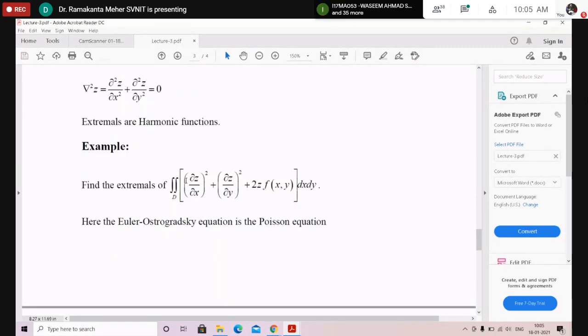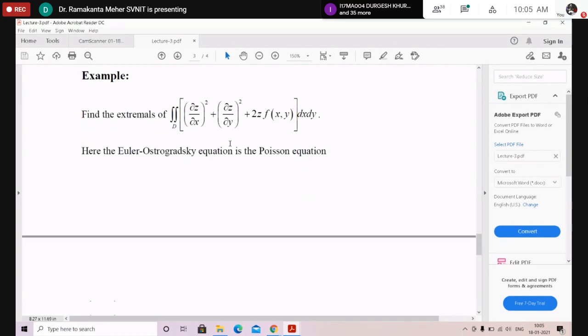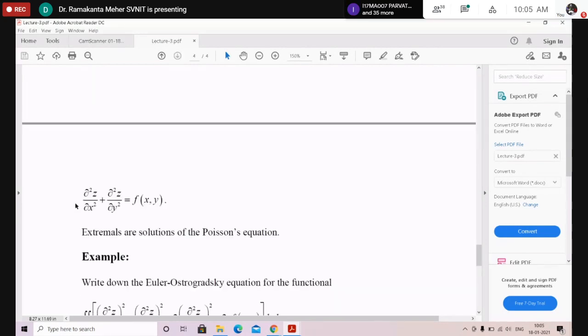Similarly, if we take another example, the double integral of (del z by del x) whole square plus (del z by del y) whole square plus 2z f of xy dx dy, and we try to find the extremal of this functional, you get del 2z by del x square plus del 2z by del y square equal to f of x, y.